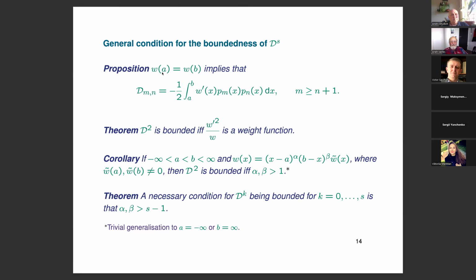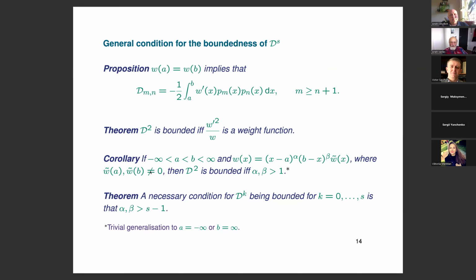So if W(a) equals W(b), we can write D_mn in this form here, with the derivative of the weight function. And then this square is bounded if and only if the square of the derivative of the weight function divided by the weight function is itself a weight function.